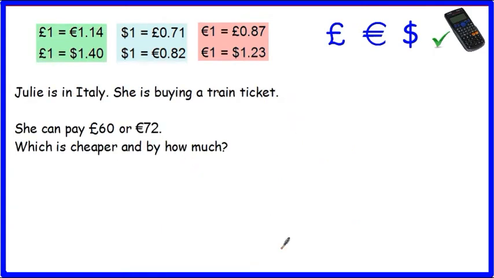Julie is in Italy. She's buying a train ticket. She can pay £60 or €72, which is cheaper, and by how much? So you've got options here. You can either convert this to euros and get your answer, or you can convert that to pounds and get your answer. It doesn't matter which one you do. I'm going to convert from £60 to euros. So write down your pounds and your euros.